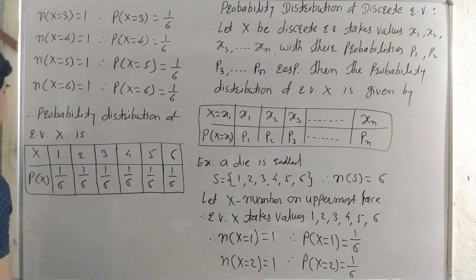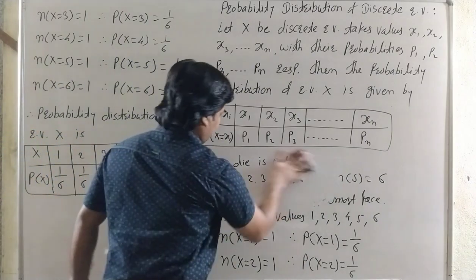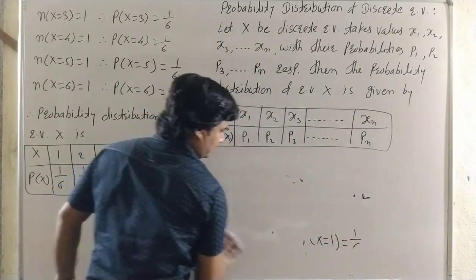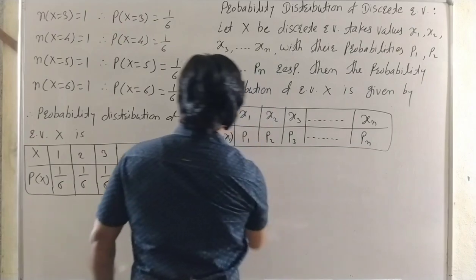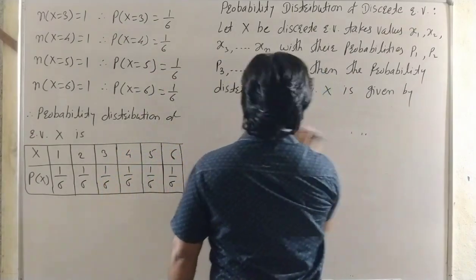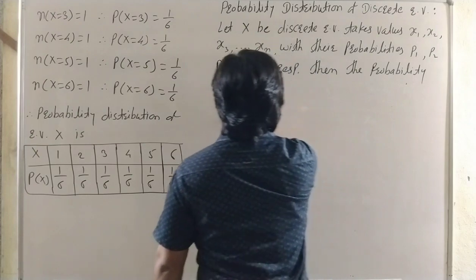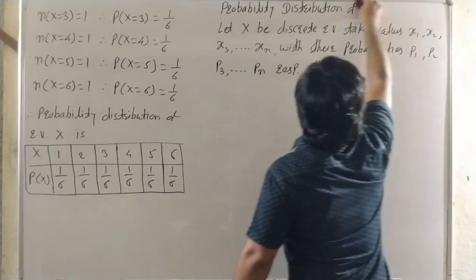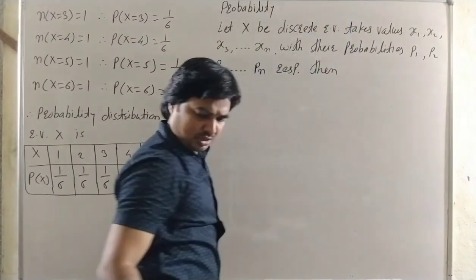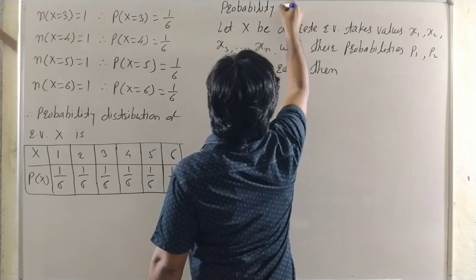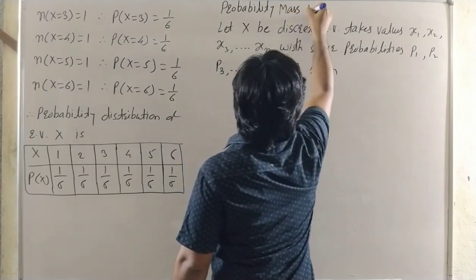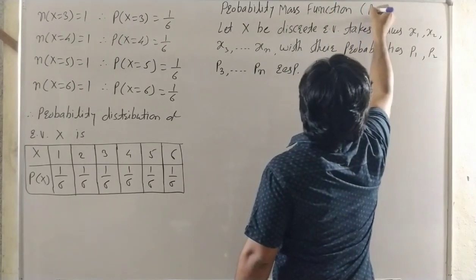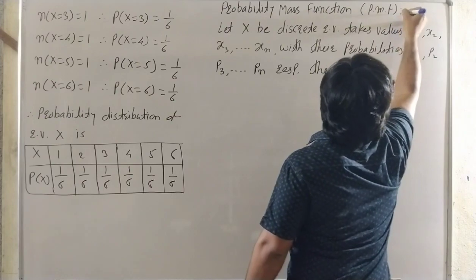Now we see the probability mass function, in short called the PMF of a discrete random variable.